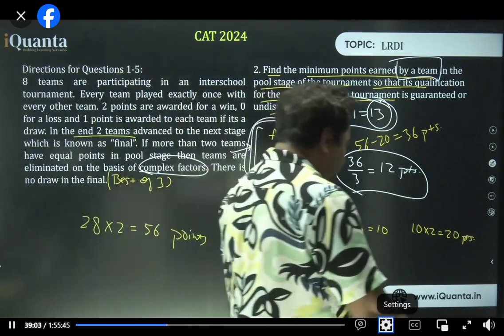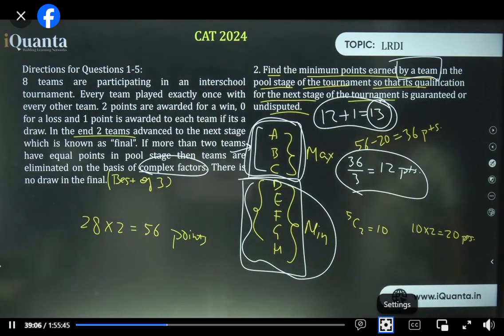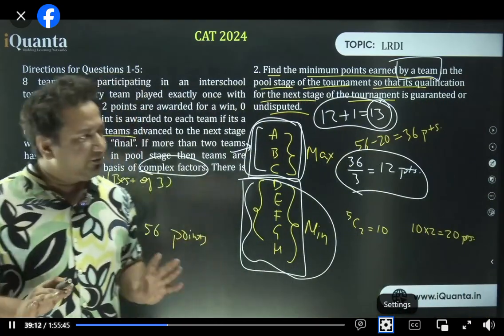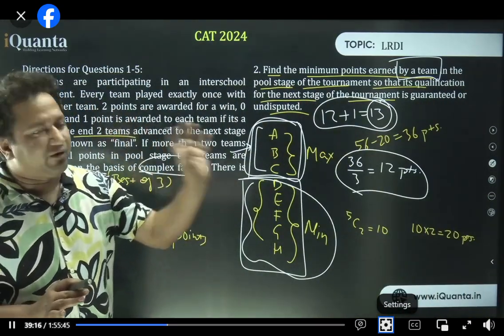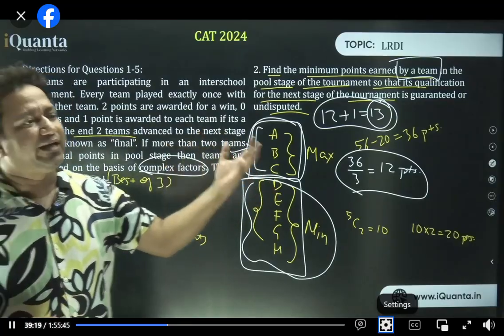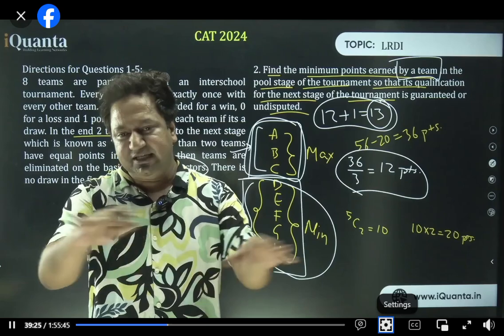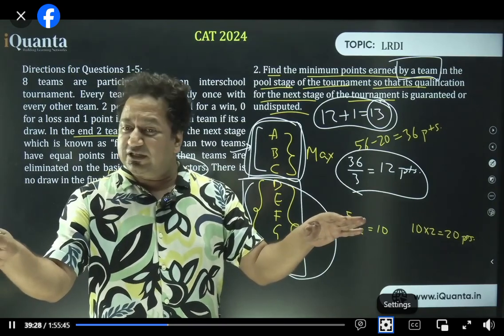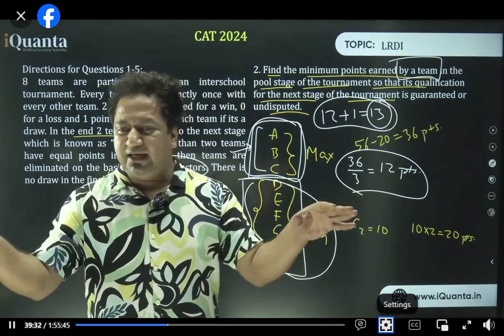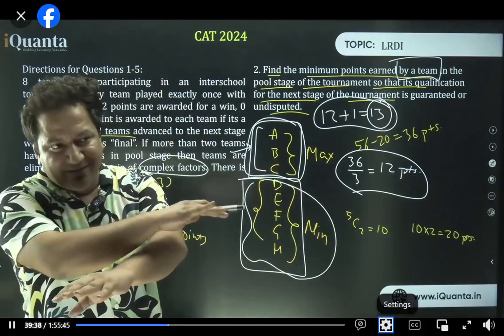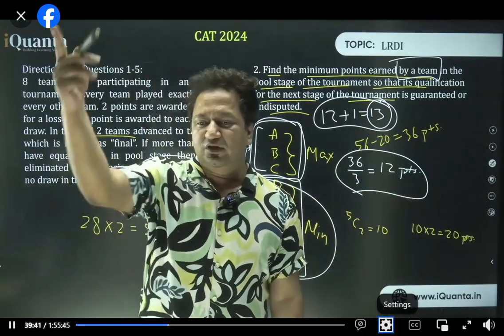See, if you remember one thing: to get the minimum possible of anything in the world, if you want the minimum requirement, how do we calculate it? We try to maximize all the things which have to be rejected. That means the worst possible case we are taking. The worst possible case can happen when everyone is at the same level and one of them goes above them.